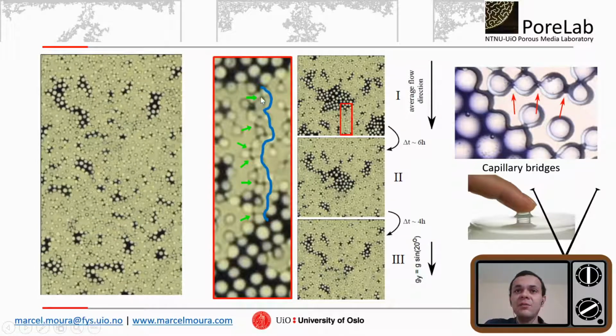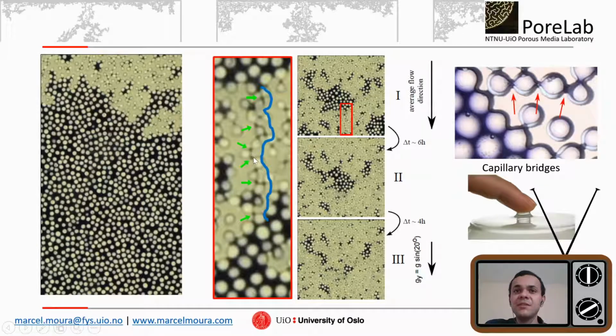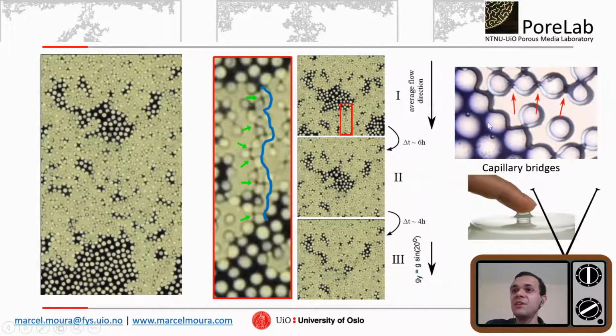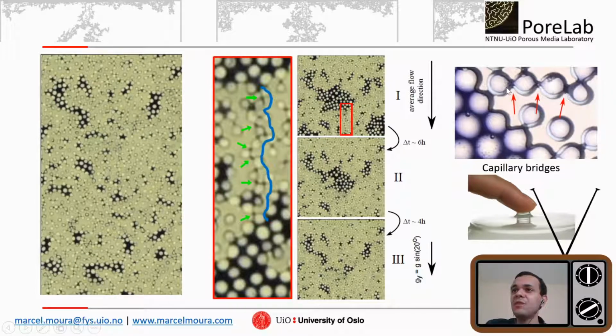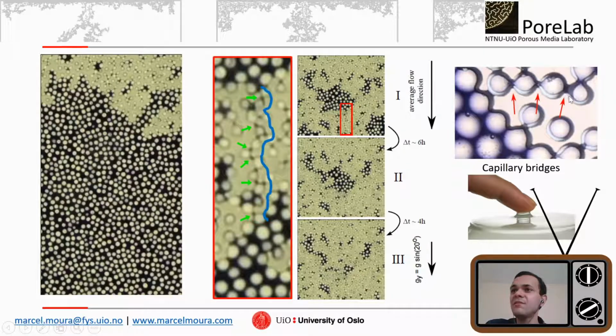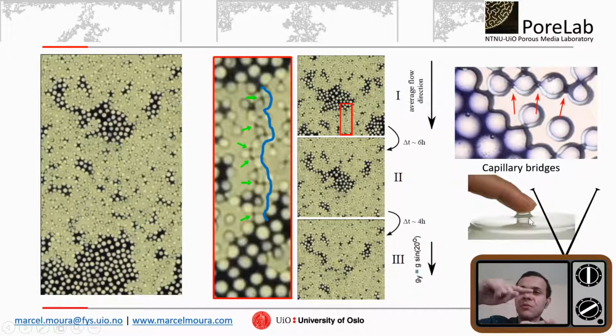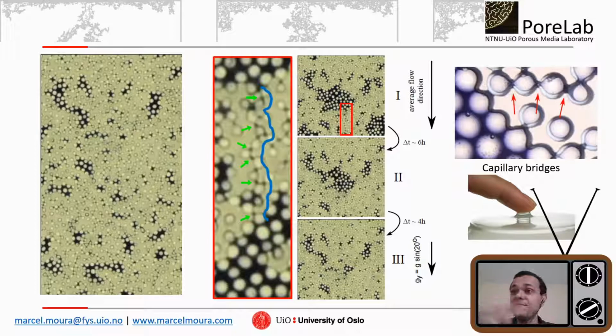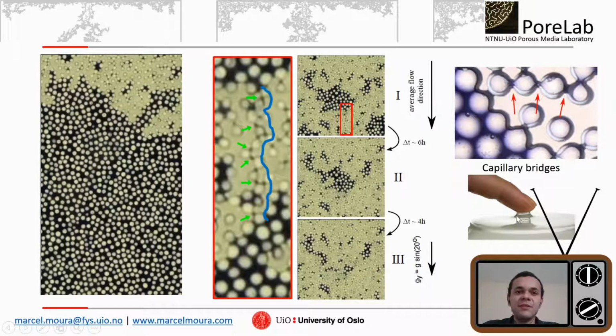And we see that in between the beads, you have these tiny bits of liquid, and those are capillary bridges. This is a zoomed in version here. You can make a capillary bridge if you just put your finger on water like that, and you lift. You see that there's a little bit of liquid that remains there. This is the capillary bridge.